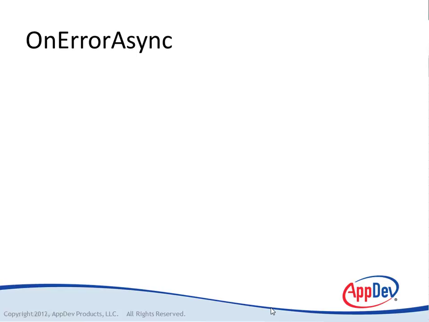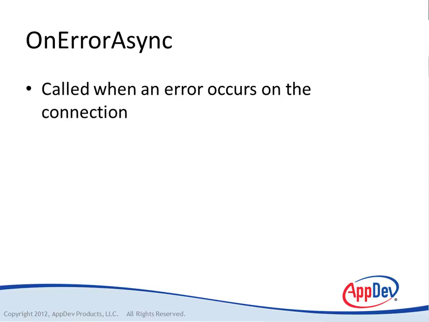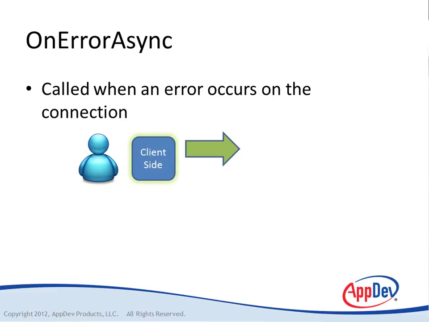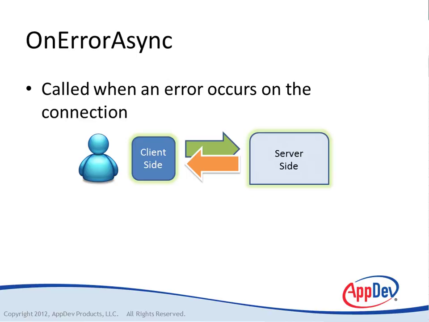The next task that we're going to cover is the onError async task. This is called when an error occurs on the connection. So here we have our user, client side, making a request to the server, server side gets it, responds, and back to the client side. Well, let's say something happens on the client side and then also trickles to the connection, and then the server has to respond, and it responds with a broadcast message of saying an error had occurred.